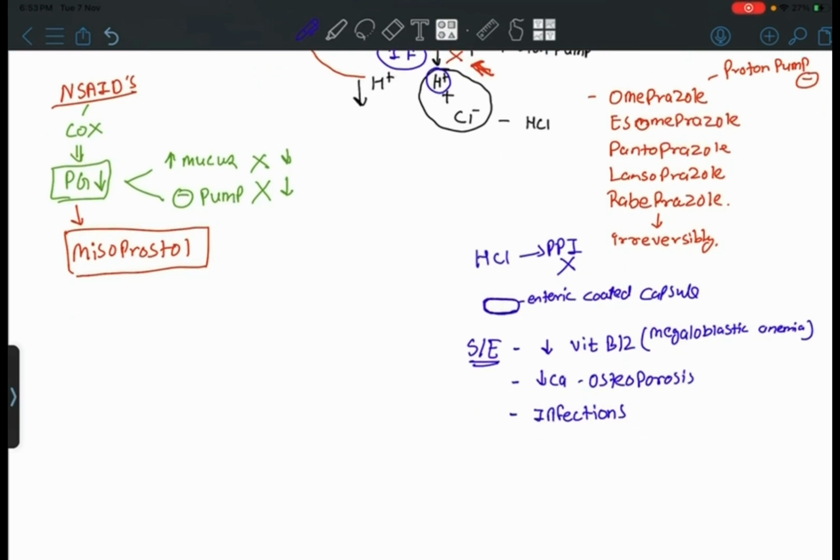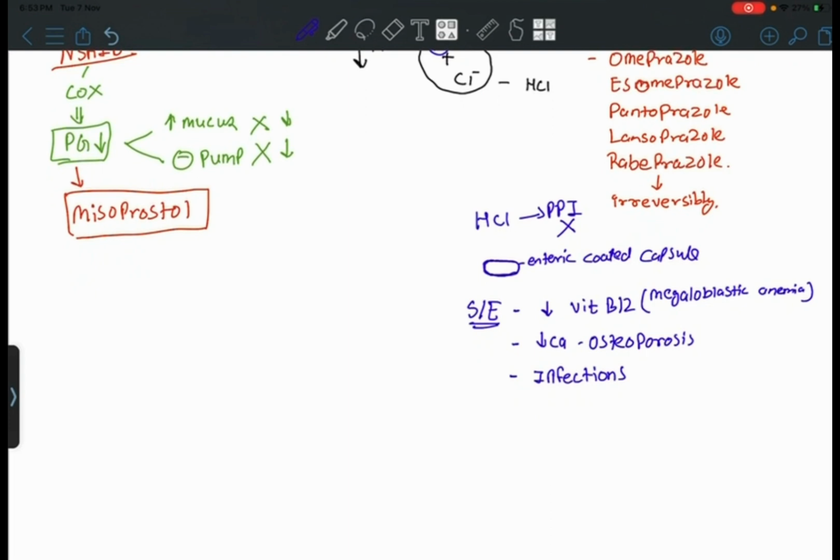Yes, and when we see the uses of the proton pump inhibitor, firstly, it is the drug of choice for peptic ulcer disease.